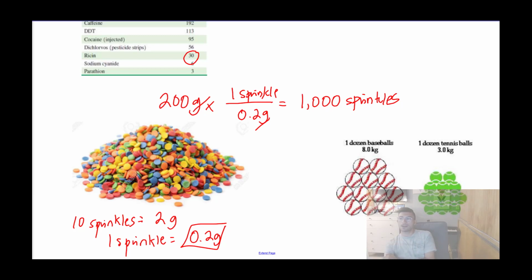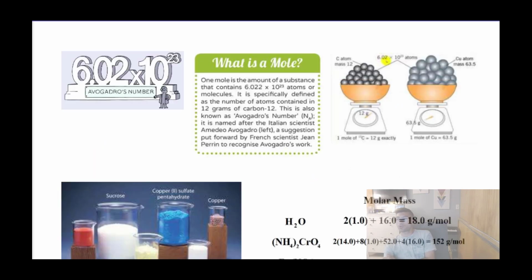This led us to the idea of the mole, right? The mole is a quantifying unit or a counting unit that helps us group atoms or molecules or units, particles, right? Essentially, remember that the term particle could mean either atom, molecule, unit, or ion.